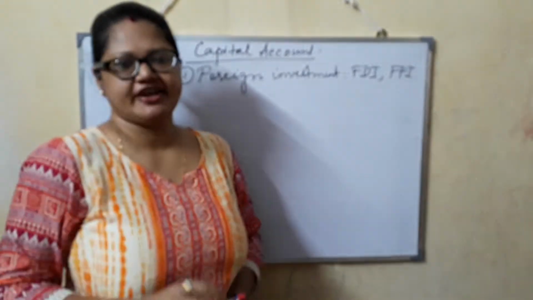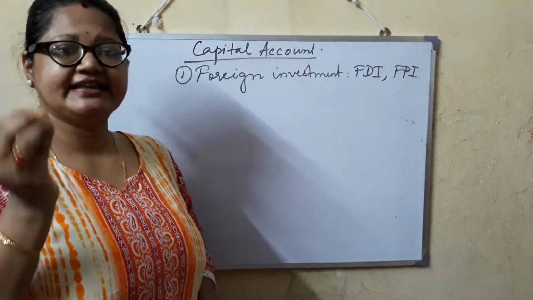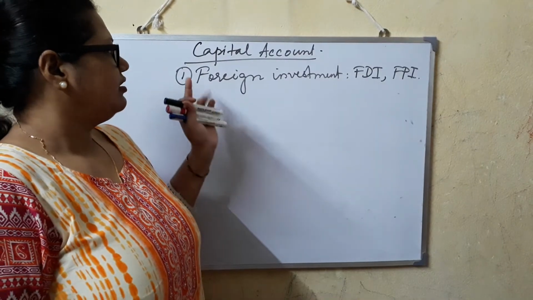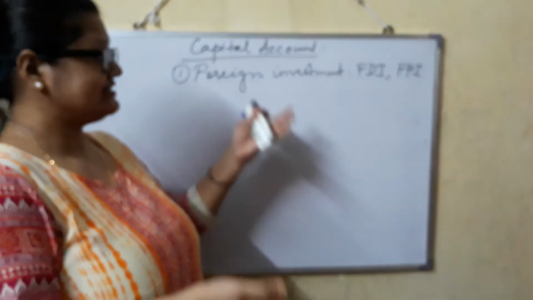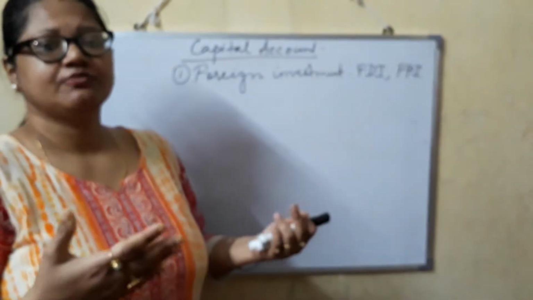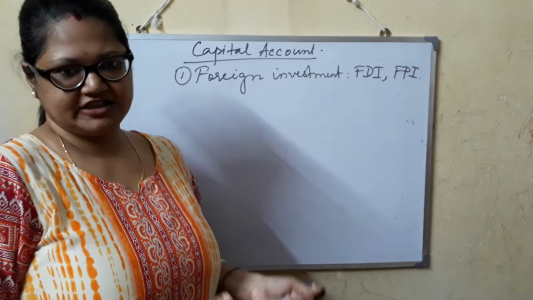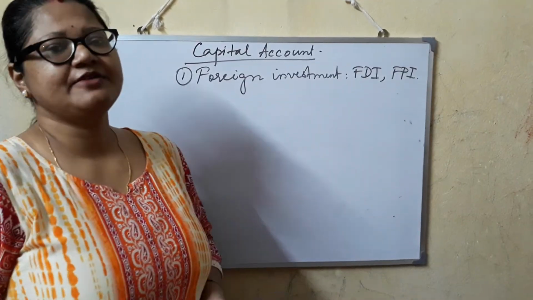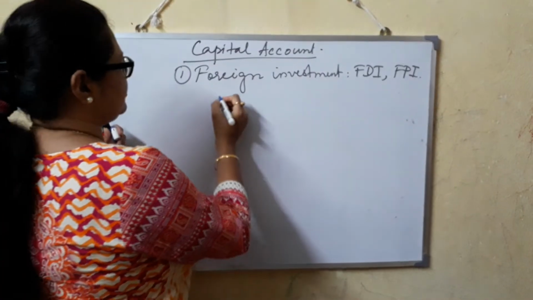Portfolio means buying of shares of other companies, and foreign direct investment means when you are directly investing in any other company. So here under capital account there will be a balance only if the receipts are equal to the payments. If receipts are more than the payments, that will be a surplus, and if receipts are less than the payments, that will be a deficit.